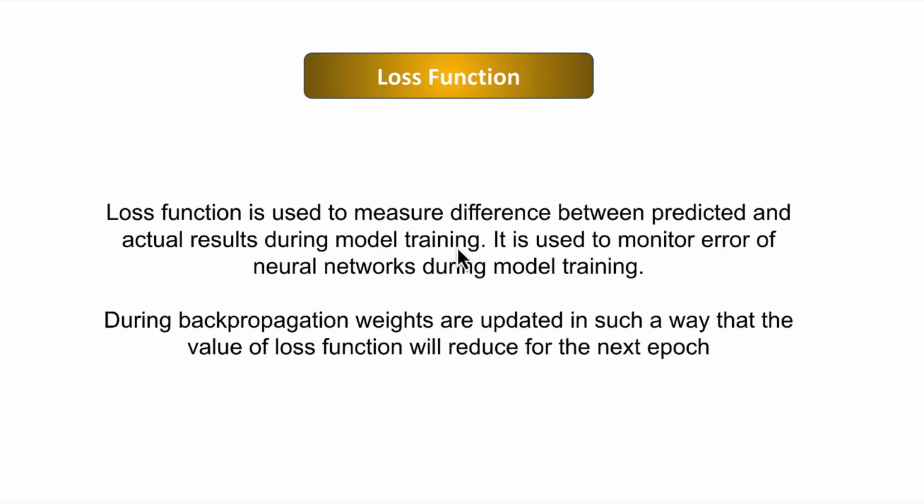To calculate the difference between the predicted and actual value, we use this loss function. And it is also called the error of the neural network because it is indicating the difference between actual and predicted results. And during backpropagation, we are updating the weights in such a way that the value of this loss function will reduce for the next epoch.